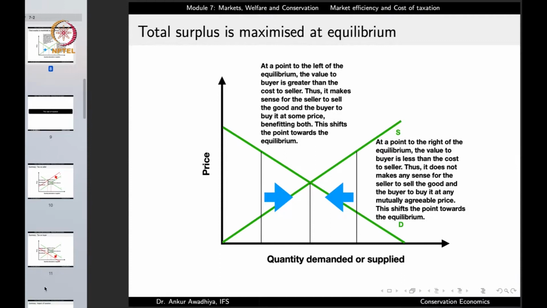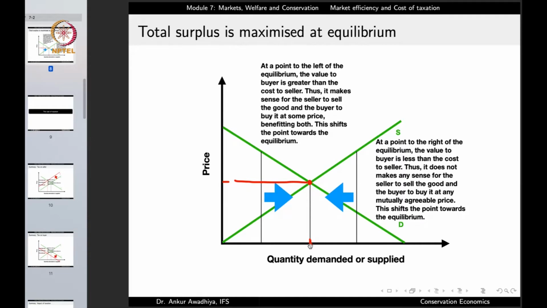Now, why is that so? Here we have the demand curve and the supply curve, and this is the equilibrium point. At the equilibrium point, this is the price that the market will charge for this good, and this is the equilibrium quantity that is demanded or supplied.